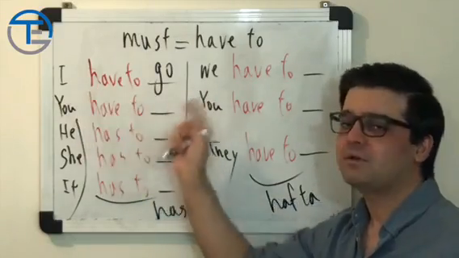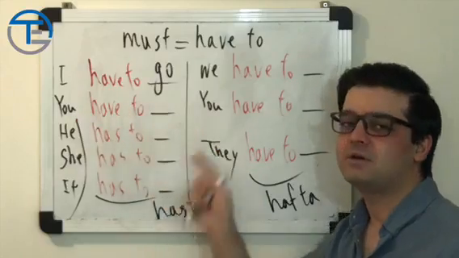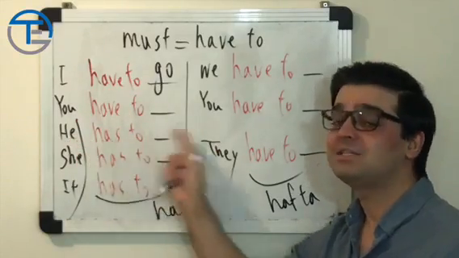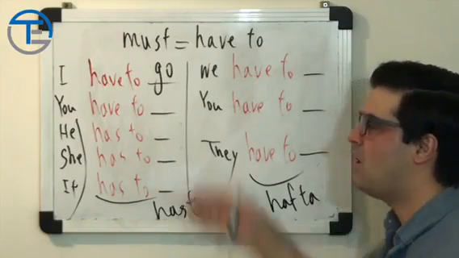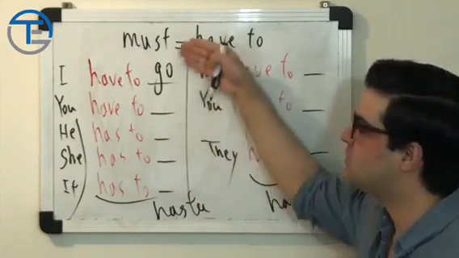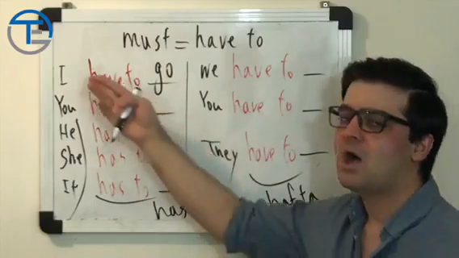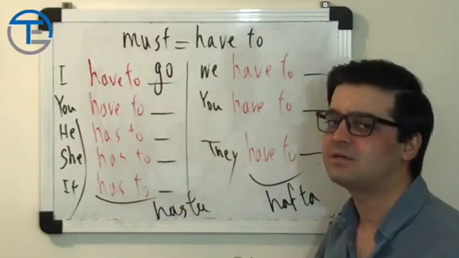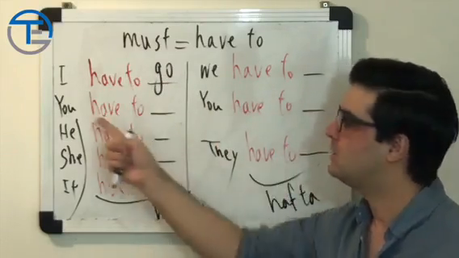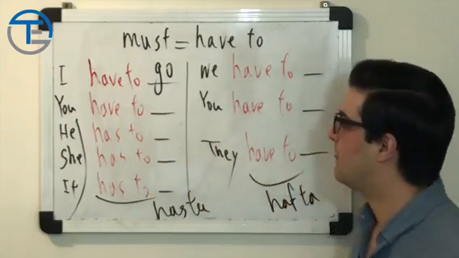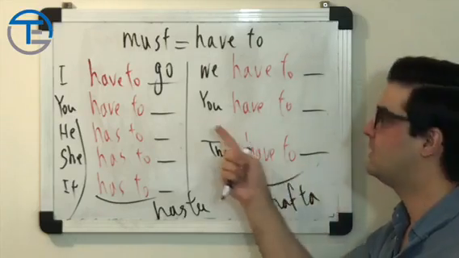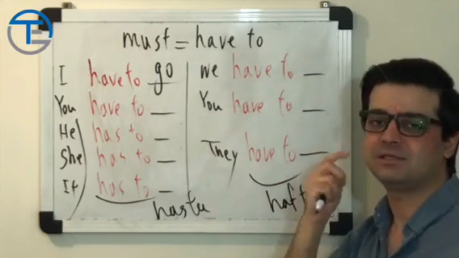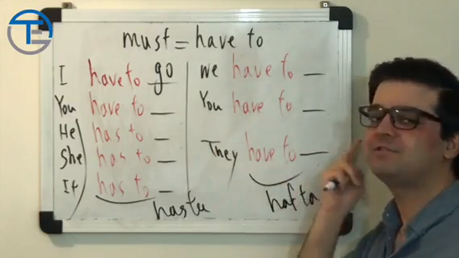Sorry, I have to go. You have to go. He has to go. She has to go. It has to go. Or any verb you want to use here. For example, I have to listen. You have to listen. We have to listen. You have to listen. They have to listen.